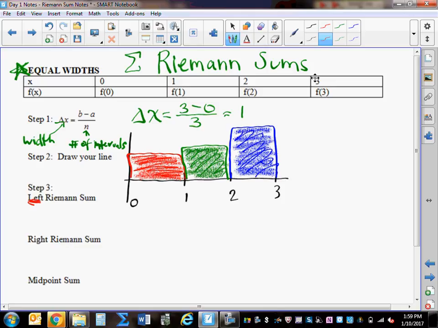So if I was concentrating on my figure here, just going from 0 to 3, this is what I'm looking at. My rectangle is created by starting on the left-hand side.